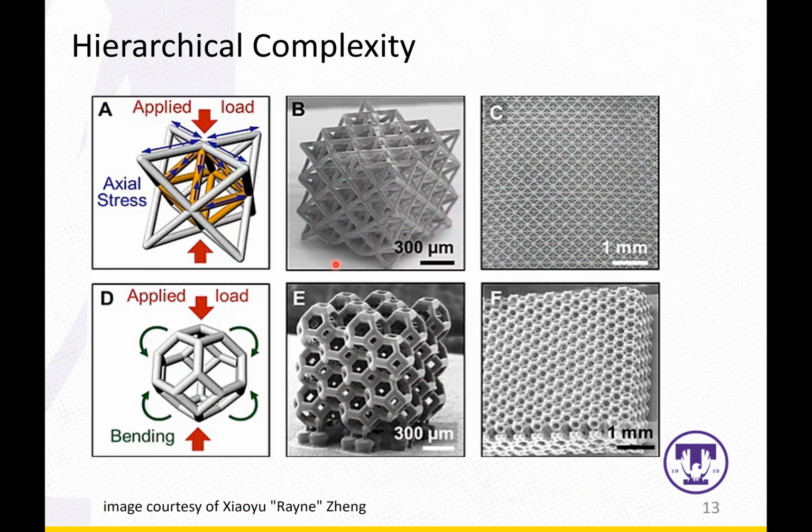Basically, at a small scale, you already have a structure like this, and these structures will repeat themselves to form a shape at a larger scale. So you have a hierarchy of complexity here.